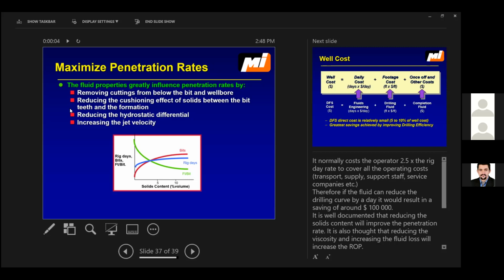The hydrostatic differential means the difference between the bore pressure and the pressure exerted by the drilling fluid. Also increasing the jet velocity, as we talked before about the hydraulic horsepower and the impact force acting on the formation to maximize the drilling process.